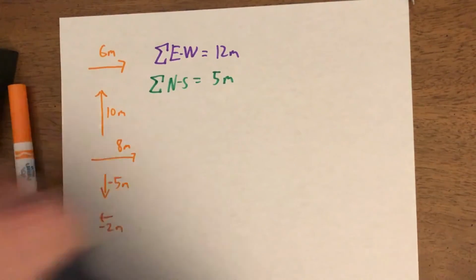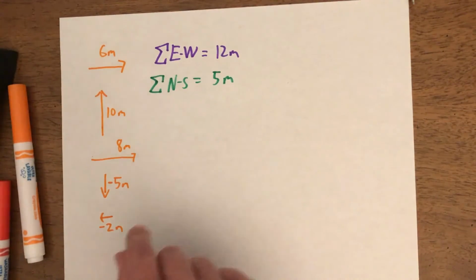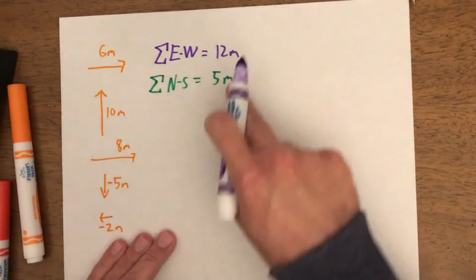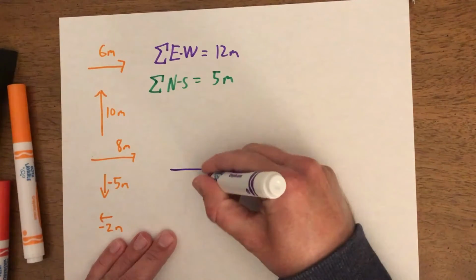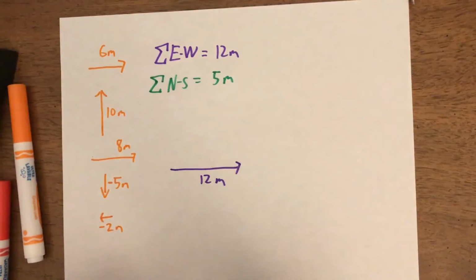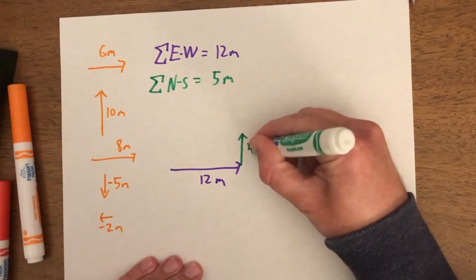Now that we have our total east-west and our total north-south, we can draw a new triangle that just focuses on these two numbers. So all together, we want 12 meters to the east, and all together, we want 5 meters to the north.